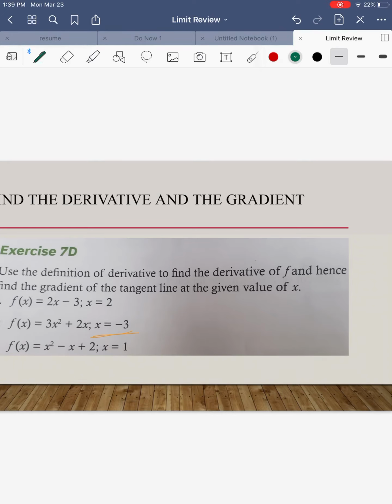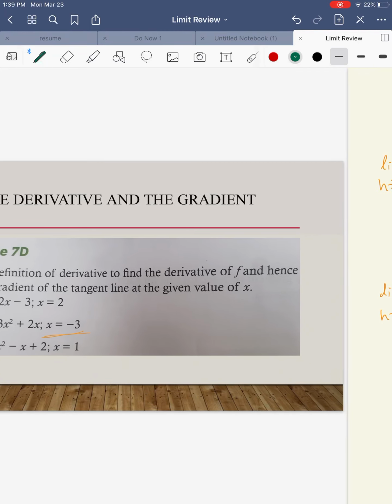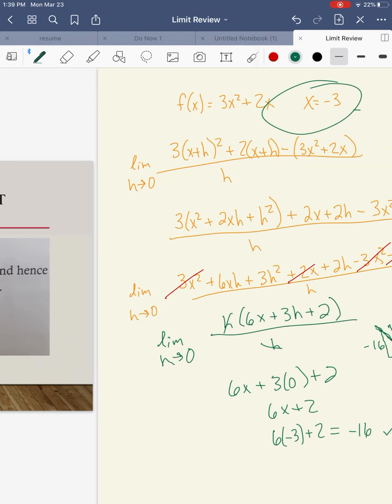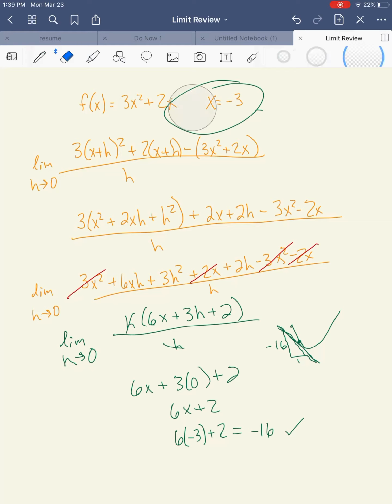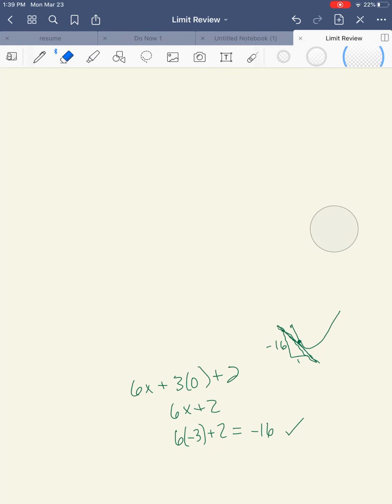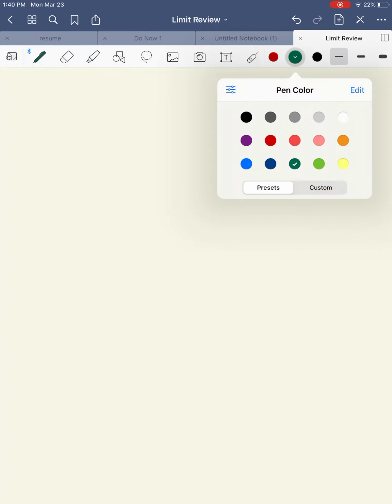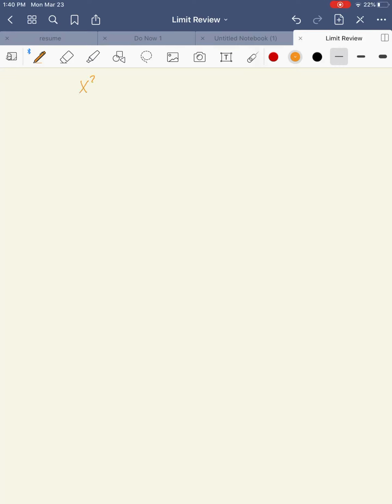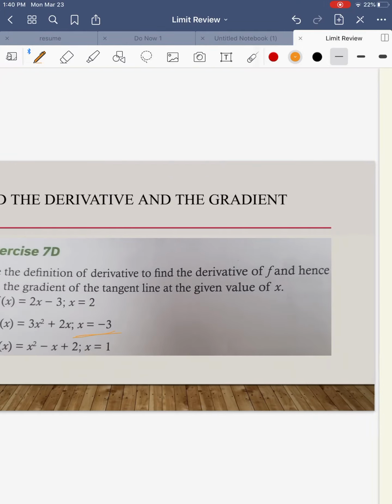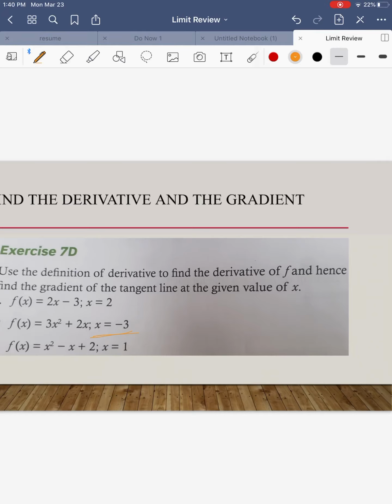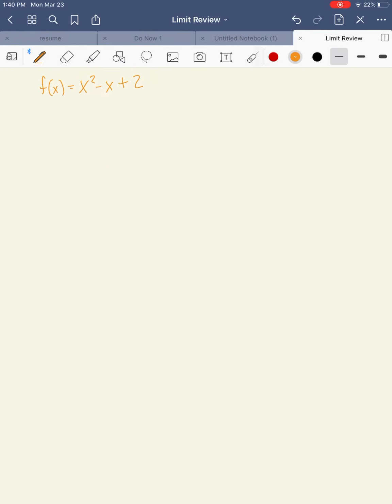All right, welcome back. I hope you were very successful at doing that. x squared minus x plus 2, and they want us to evaluate the slope at x equals 1. So we're going to find the slope at x equals 1 of that tangent line.